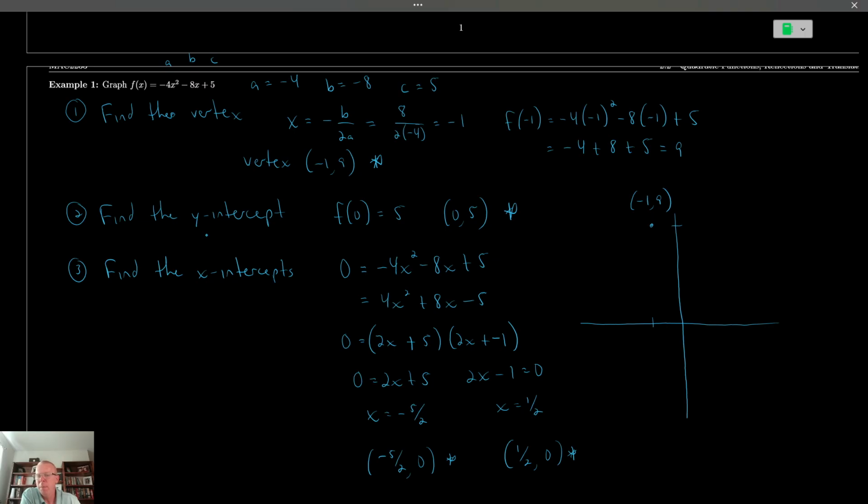So the y-intercept would be about there. There's 9, so we need to go 0, 5. And then negative 5 halves, so there's negative 1, we'll call that 9, we'll call that 5, and so negative 2, and we'll just say negative 5 halves is there. There's our x-intercept, and then 1 half. If we put 1 there, there is the other one.